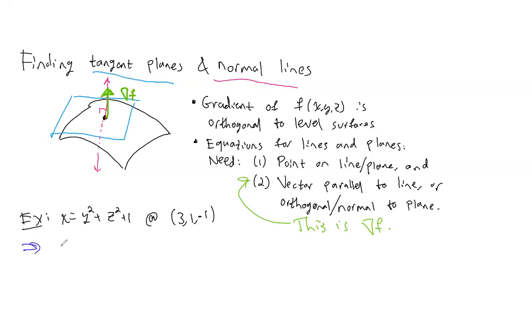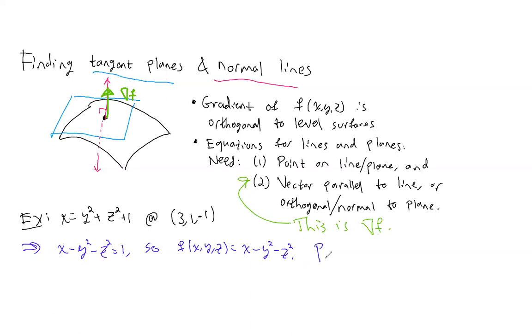That becomes x minus y squared minus z squared equals 1. So we can just let f(x, y, z) equal x minus y squared minus z squared. We have to find the gradient, the normal vector.